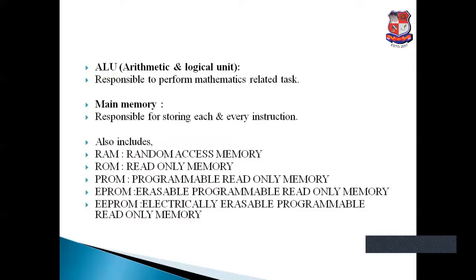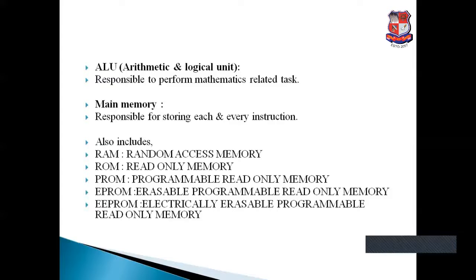ALU stands for arithmetic and logical unit. It is responsible for performing mathematics related tasks. Second is main memory. It is responsible for storing each and every instruction, each and every process done by the CPU. Main memory includes different types of memory. The first one is RAM.